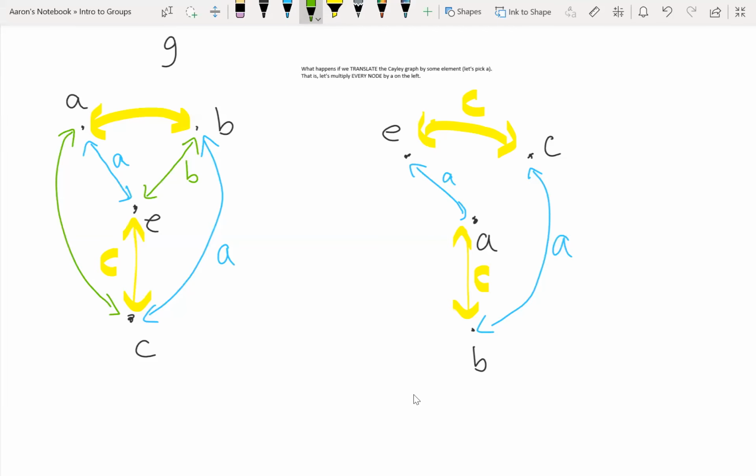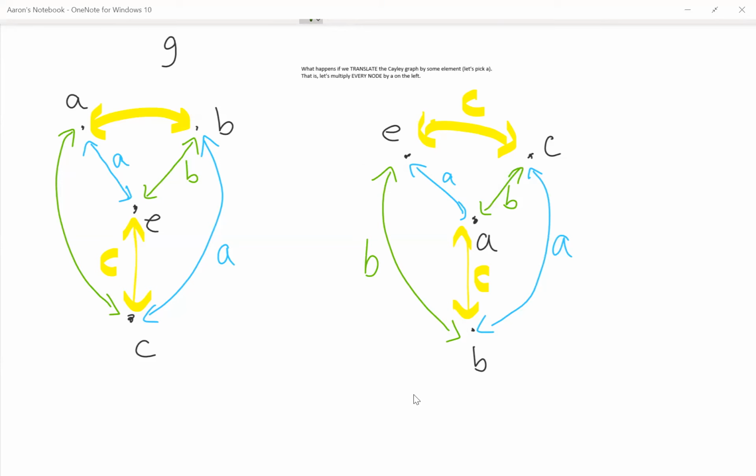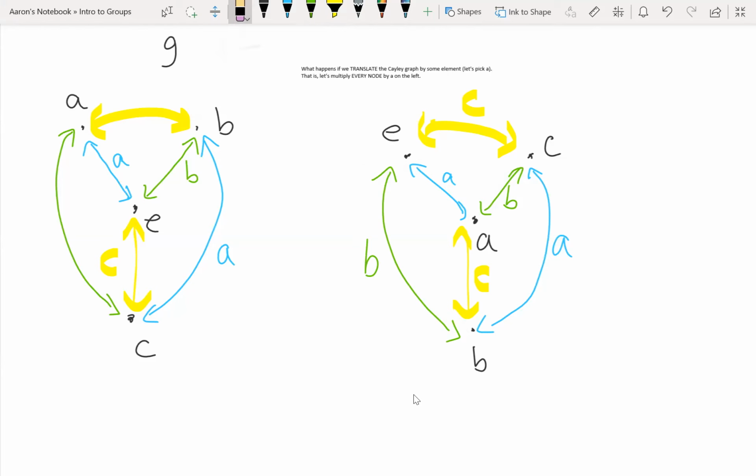And then finally, when we multiply the identity by B, we get B. We multiply B by B, we get the identity. And A and C go back and forth by B. So that's curious. We have the same graph again. Oh, damn! I just noticed that.